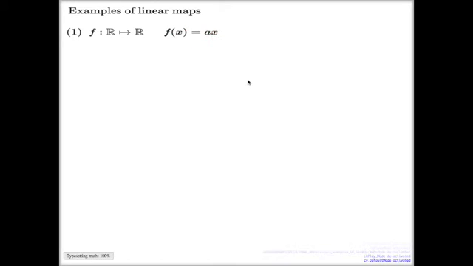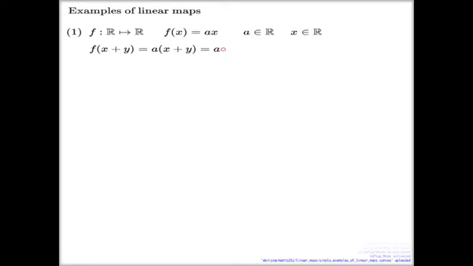Here's the example, say f of x equals A x. That's just simple multiplication. A is a real number, x is a real number. This is a linear map, and it's a very simple check. When you suspect something is a linear map, you need to test two requirements, A and B. Here's my testing. If I apply my f to a sum of two vectors, that's the formula for f here. Now, what we're looking at is just the product of two numbers, A and the bracket x plus y.